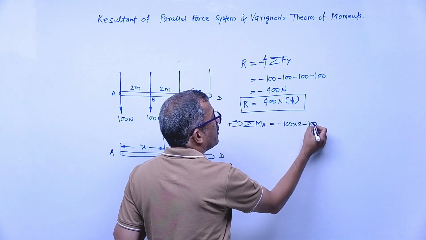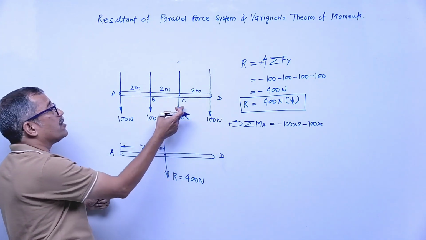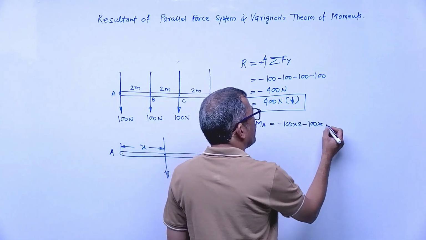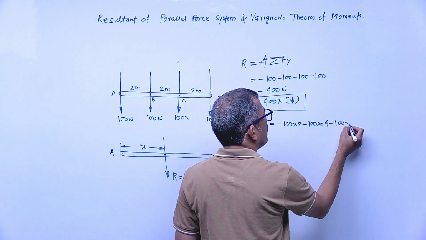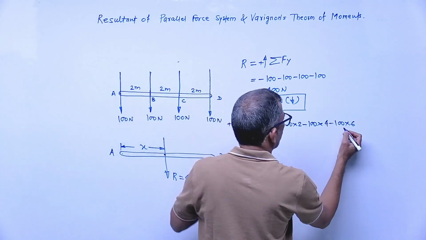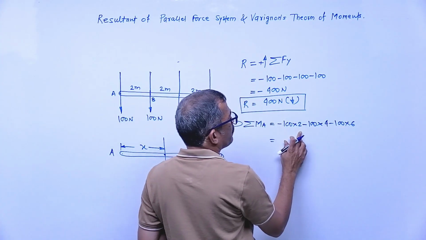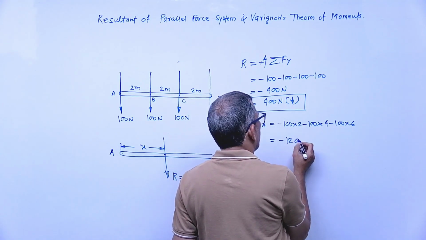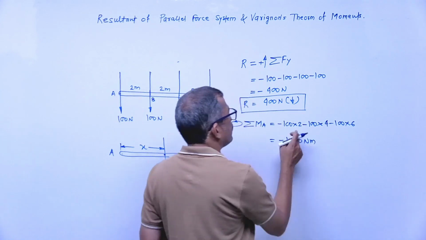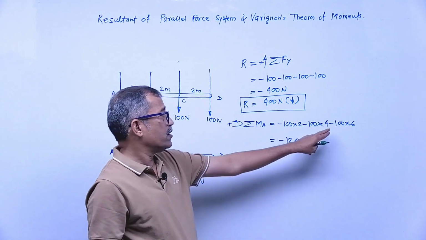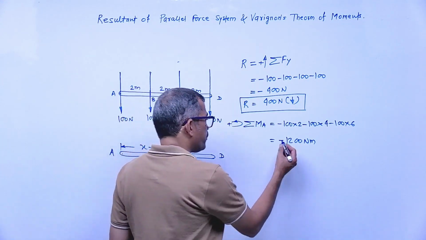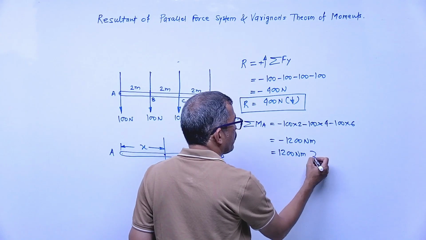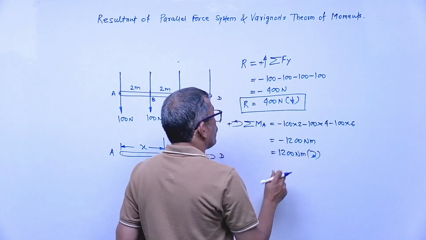For the next 100, the distance is 2 plus 2, since the force is vertical and the distance horizontal. Next is minus 100 into 2 plus 2 plus 2, which is 6. This comes out to minus 200, minus 400, minus 600, minus 1200 Newton meter. The negative sign means 1200 Newton meter clockwise.